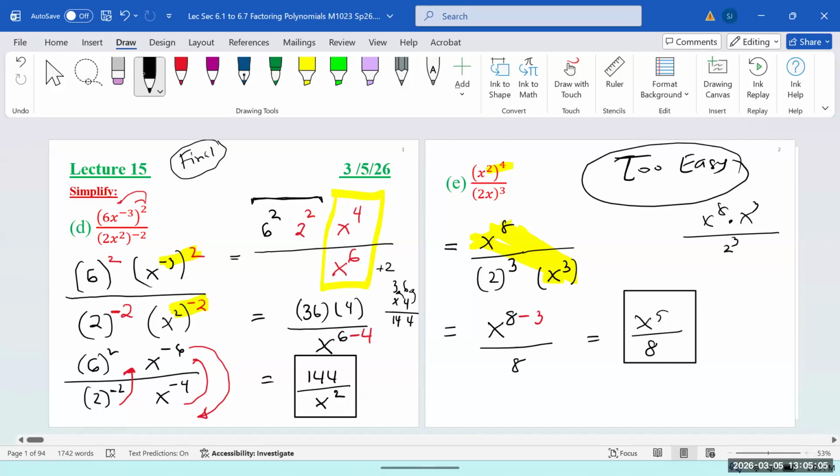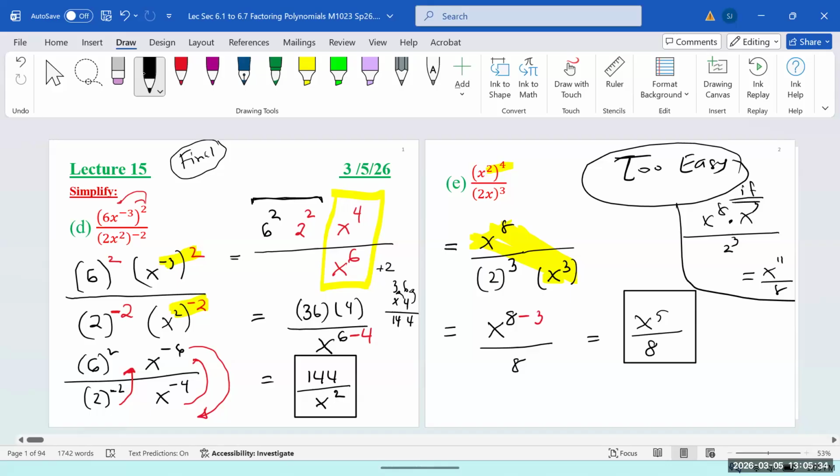Since they're in the same position, multiplying, you add them, and you get x to the 11 over 8. Same position means add the powers. Opposite position means subtract the powers. So probably in the exam, you're going to have the same positions, and you're going to add them. Maybe instead of having one variable, you can have two variables, x and y.